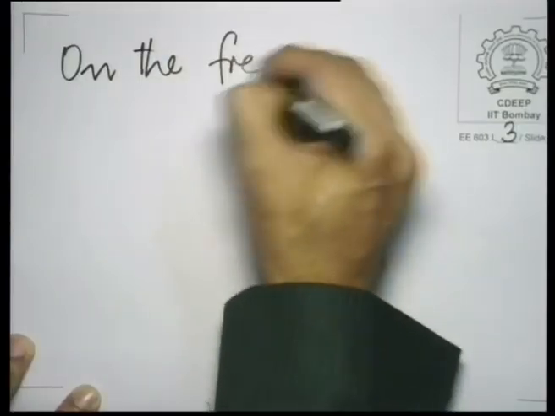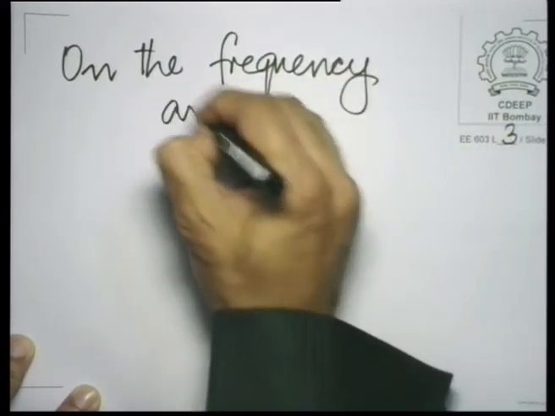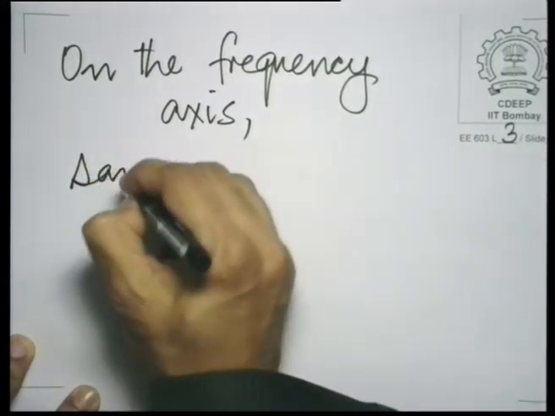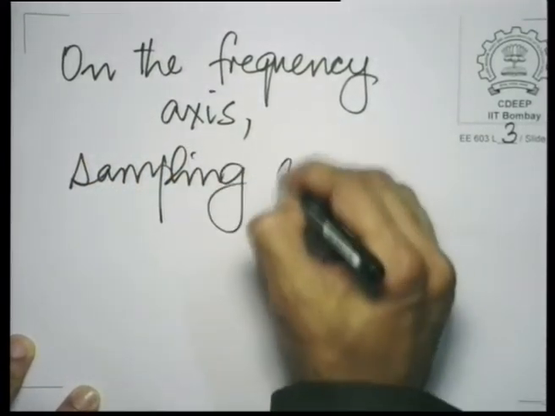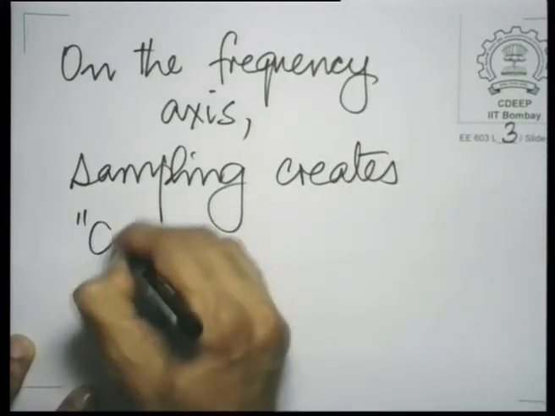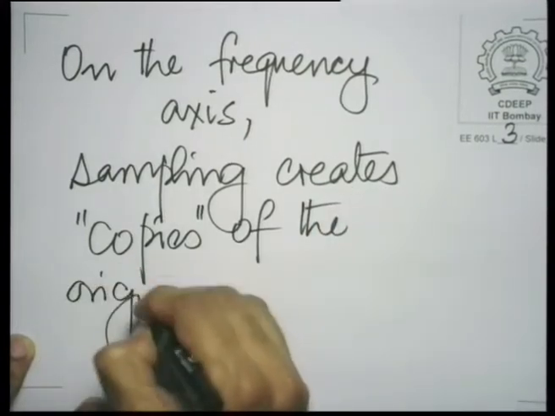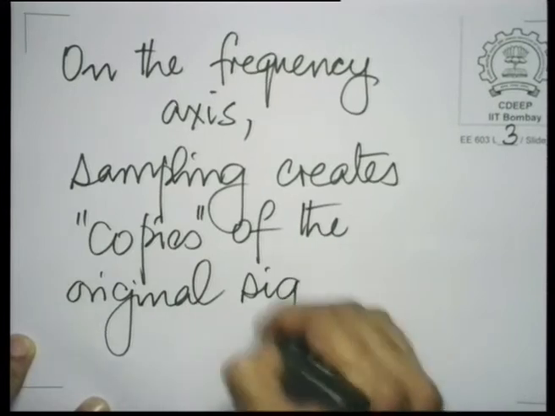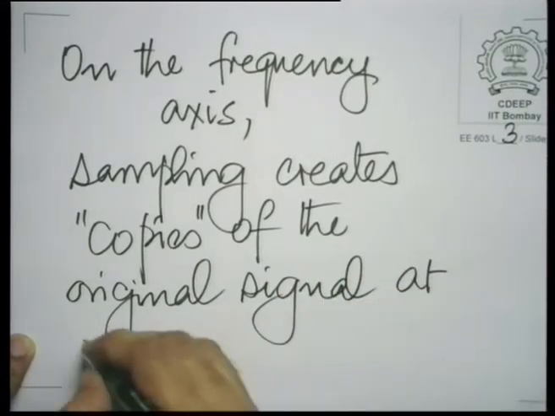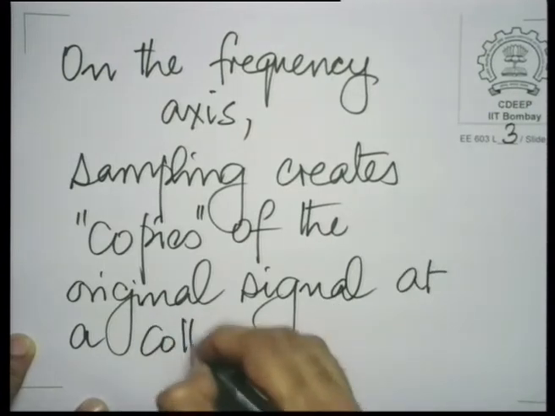You see, a simple approach to identifying the correct x t is to go back to what we did on the frequency axis. On the frequency axis, sampling creates copies at a collection of frequencies.